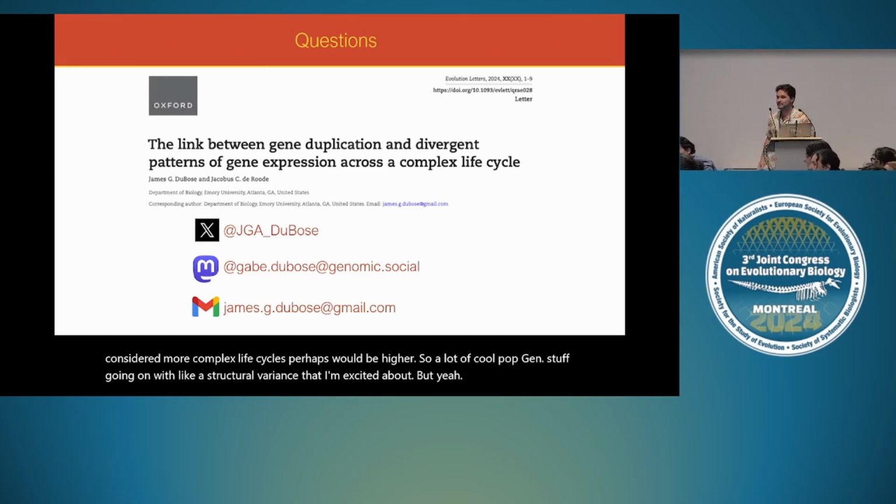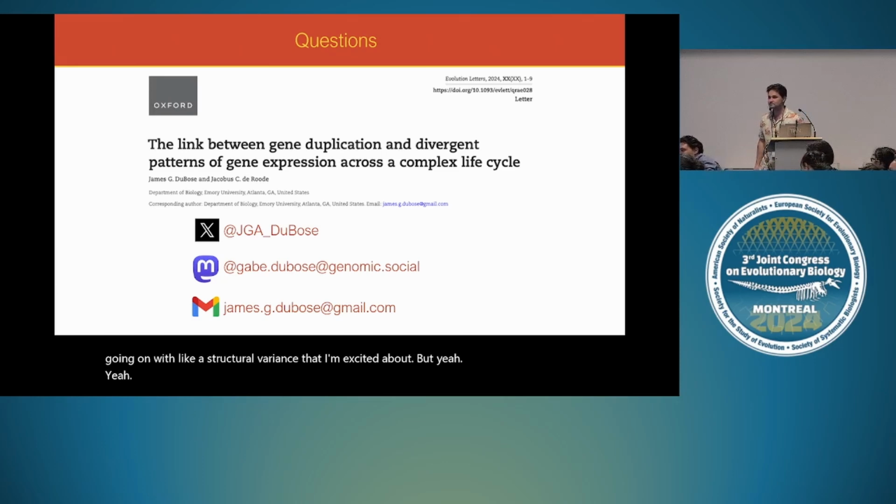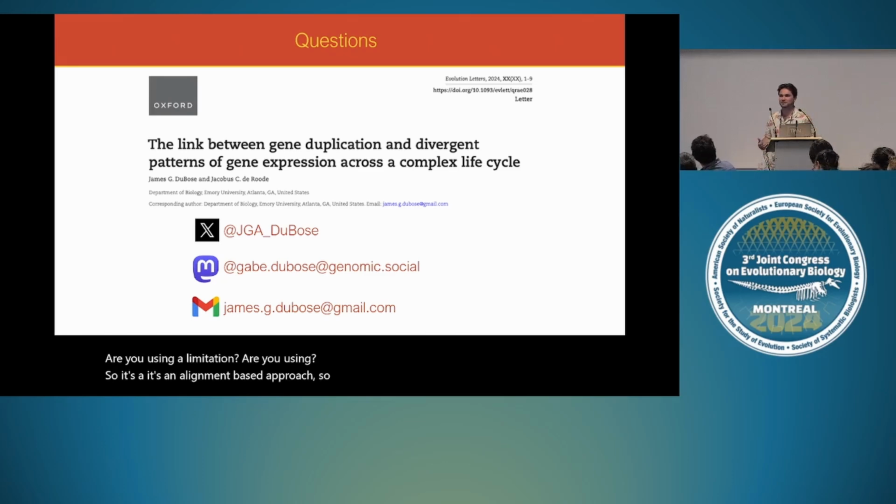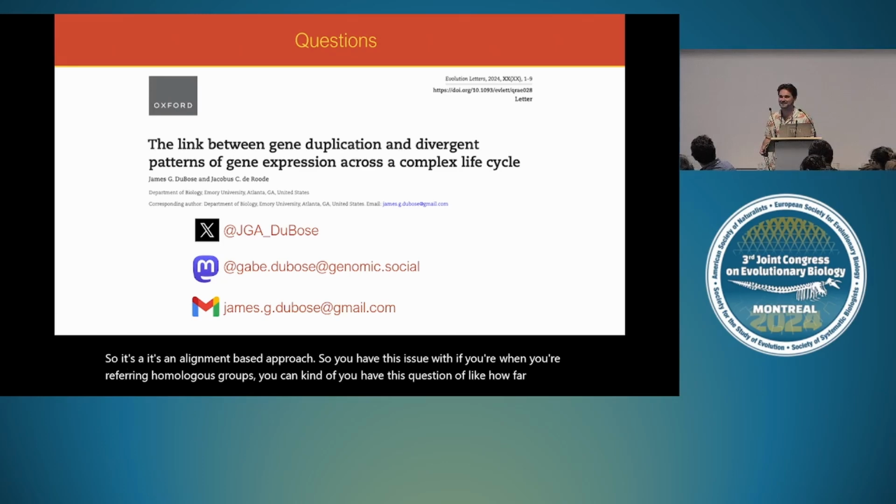How are you defining your homologous groups? Are you using an annotation? Oh yeah, it's an alignment-based approach. When you're inferring homologous groups, you have the question of how far back you are going to look.